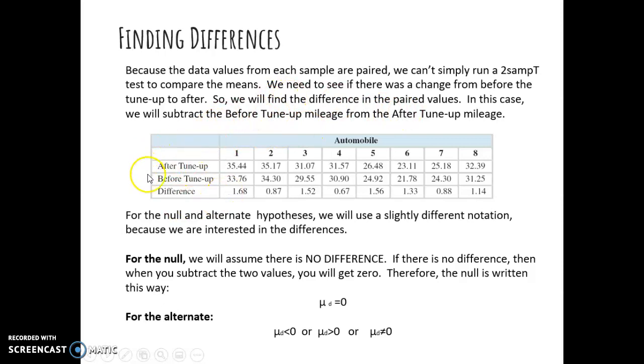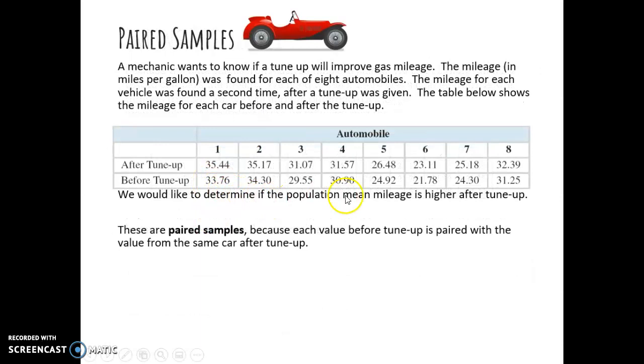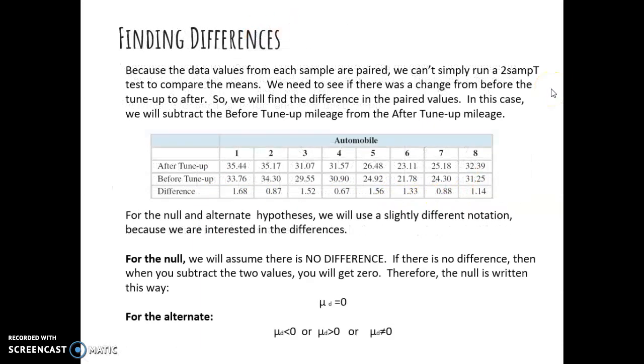Now the direction you subtract just depends on how your data is presented and also how your claim is worded. In this case, let's see what it said. We wanted to know if the population mileage is higher after the tune-up.